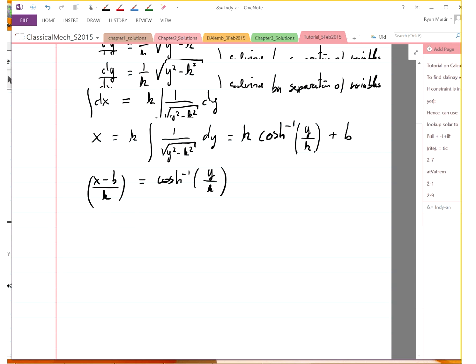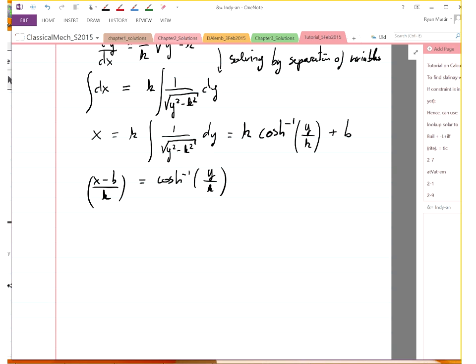So it just happens that in this case, it's easy to invert because the solution to the integral was an inverse function. So if I take cosh on both sides now, you can get that y equals k cosh, the hyperbolic cosine, of x minus b over k.